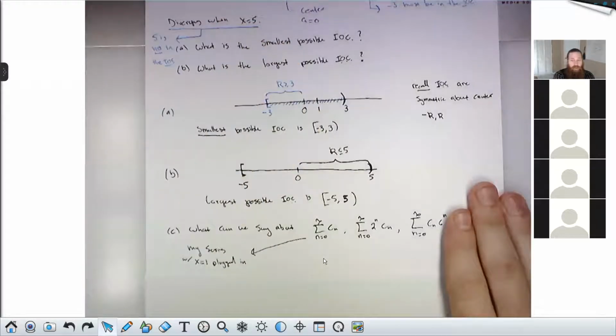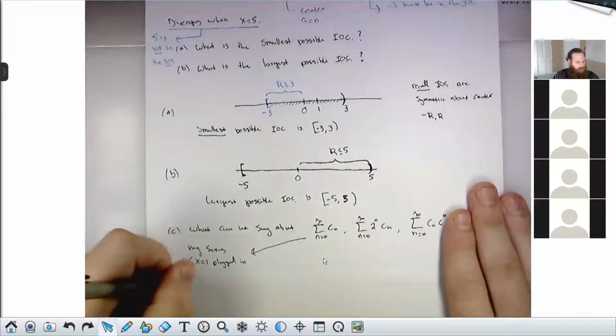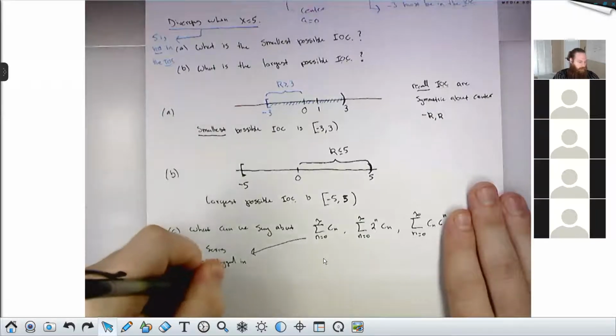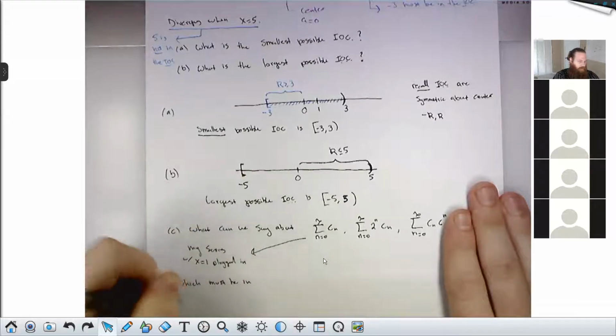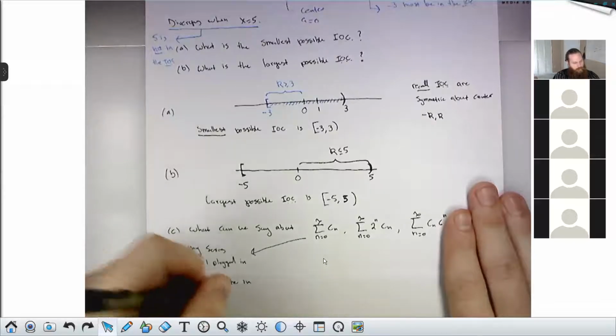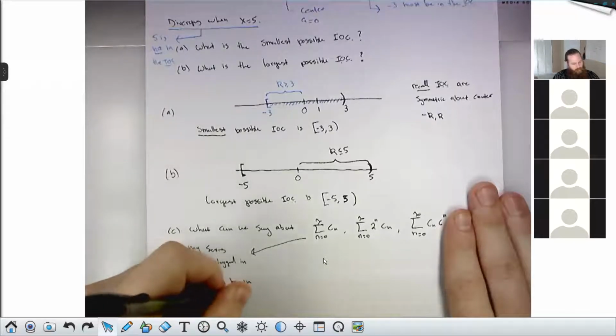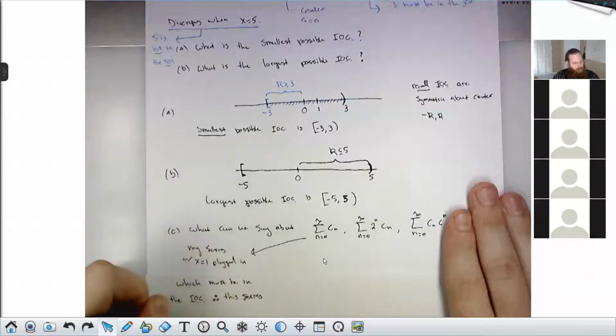Even in the worst case scenario, 1 is inside the IOC. Therefore, this series must converge.